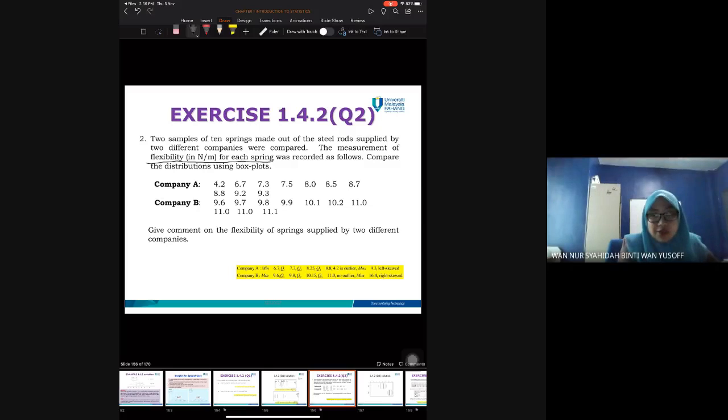So compare the distribution by using box plots. It is clear that you have to construct the box plot here. Distribution here means that we need to know the shape of your distribution. Before this, we discussed 2 methods to know what shape we have in the data. What are those methods to determine the shape?